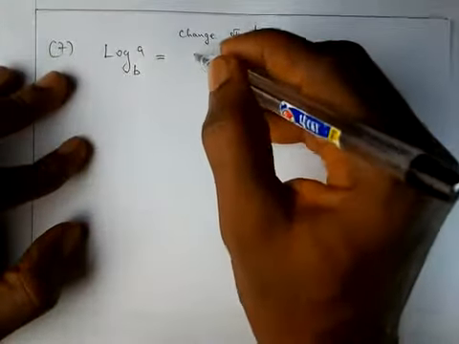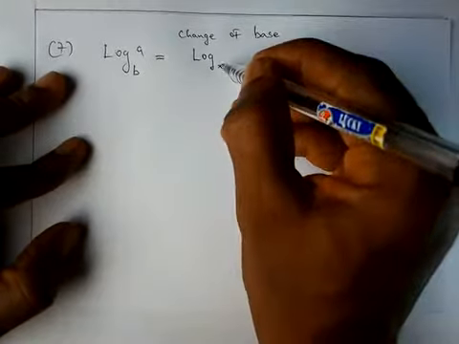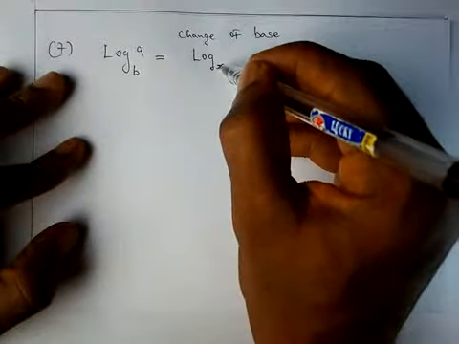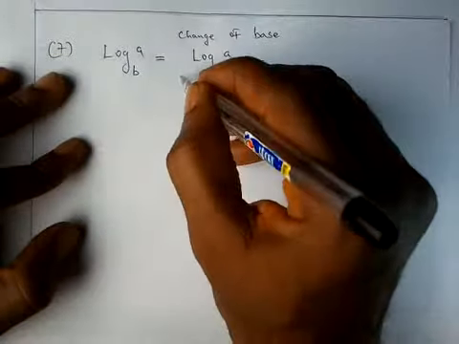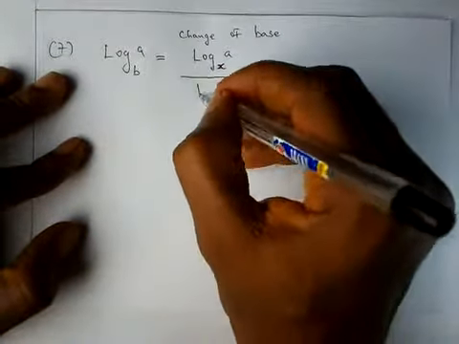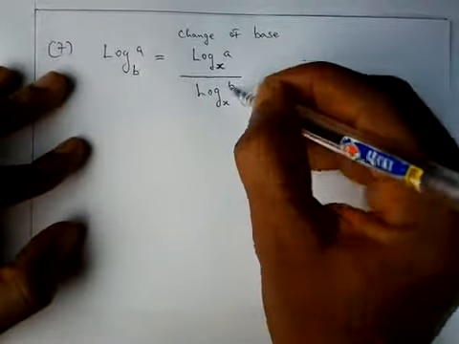Assuming you want to change to base x from base b, you take log to base x of a, divided by log to base x of b.